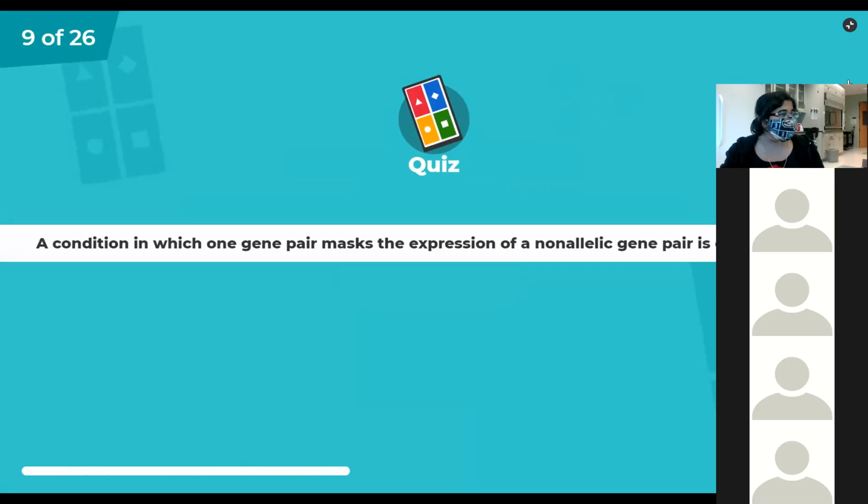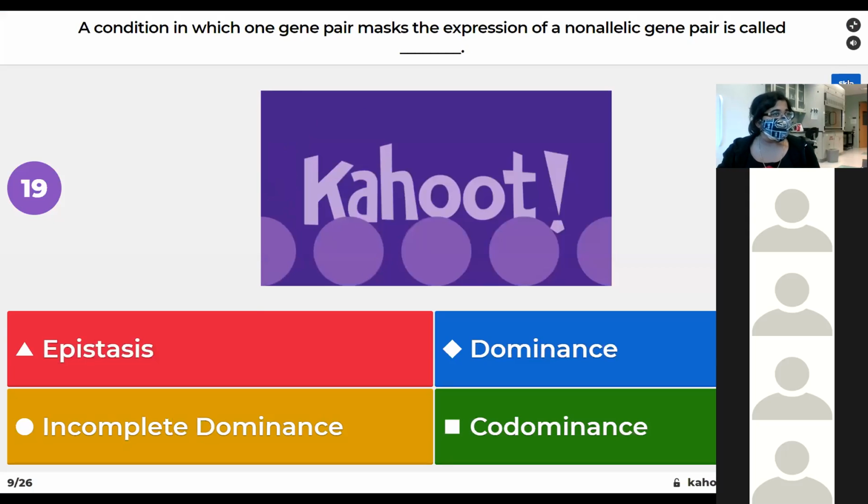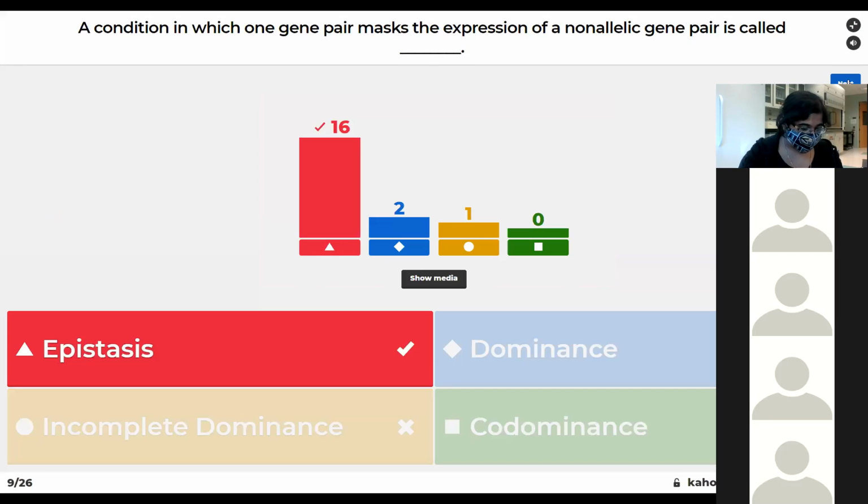A condition in which one gene pair masks the expression of a non-allelic gene pair is called what?